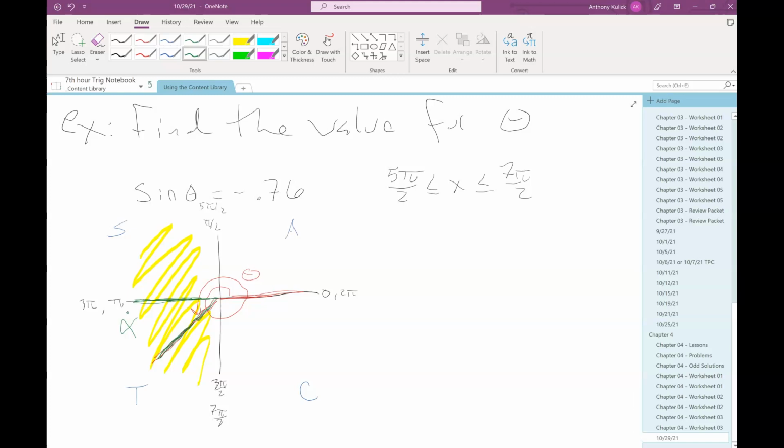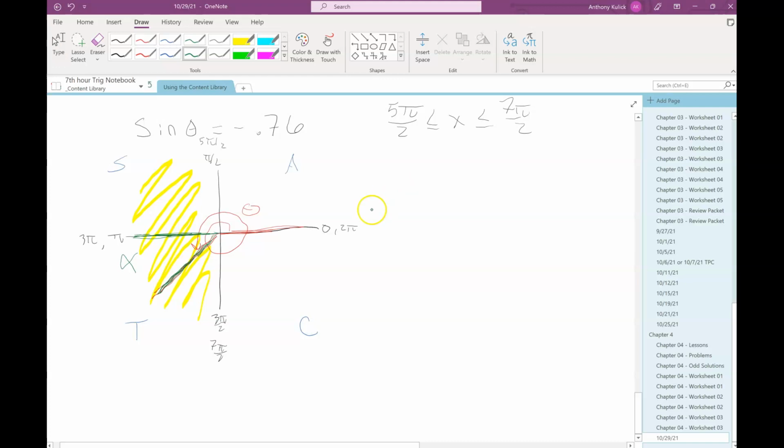That's the fish symbol that I drew there. Alpha, in our case, is going to equal sine inverse of the absolute value of, in this case, negative 0.76. Alpha is always going to be the absolute value of whatever you're taking the inverse of. Is that okay so far?